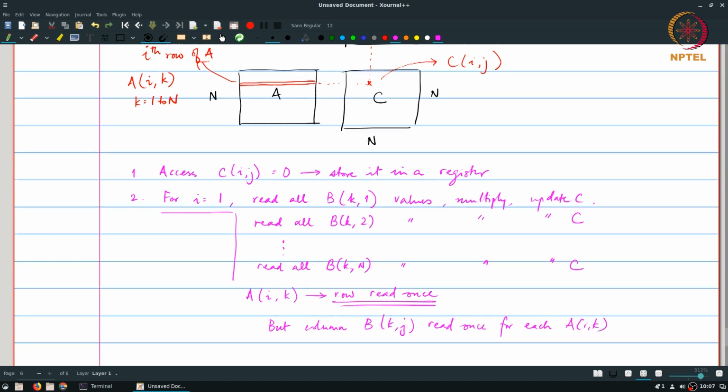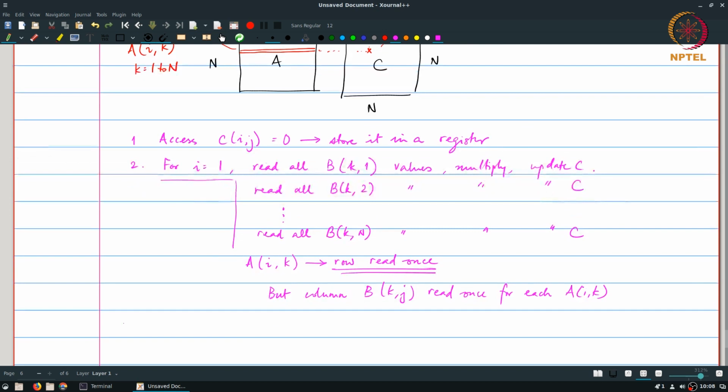So in other words, overall, what I'm going to do when I run through the entire computation is read one row of A, store it into a cache from where I can access each element of the row quickly.